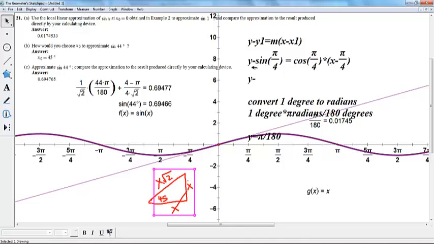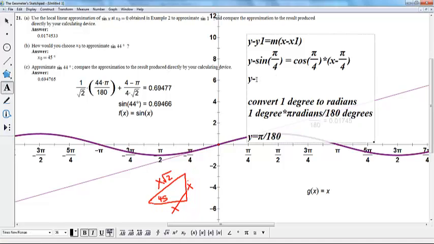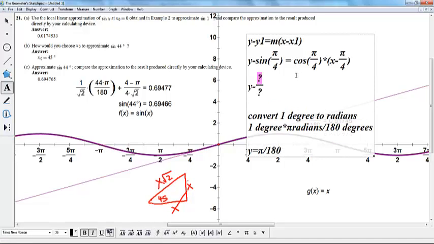So what we're going to have here is y minus the sine of pi over 4, which is y minus 1 over the square root of 2. That's equal to the cosine of pi over 4, which is also 1 over the square root of 2, times x minus pi over 4.